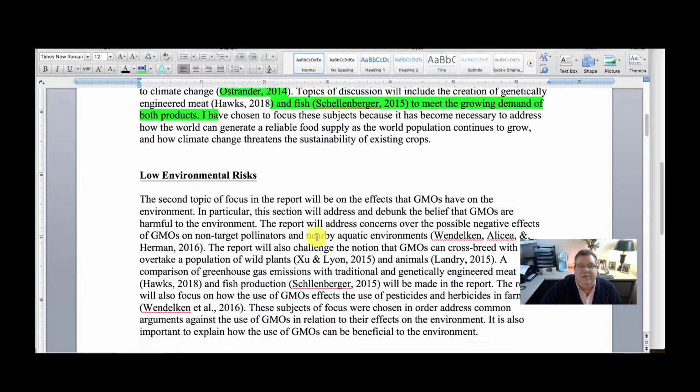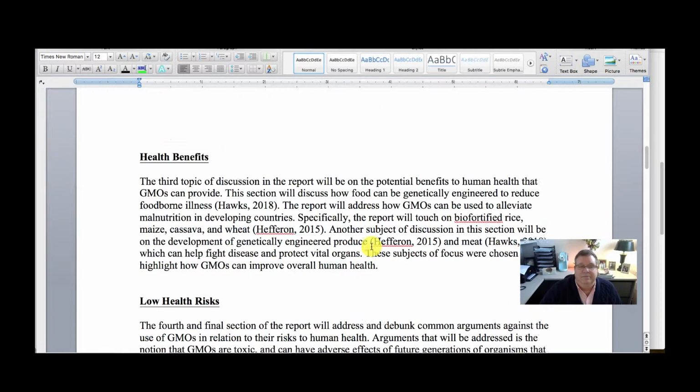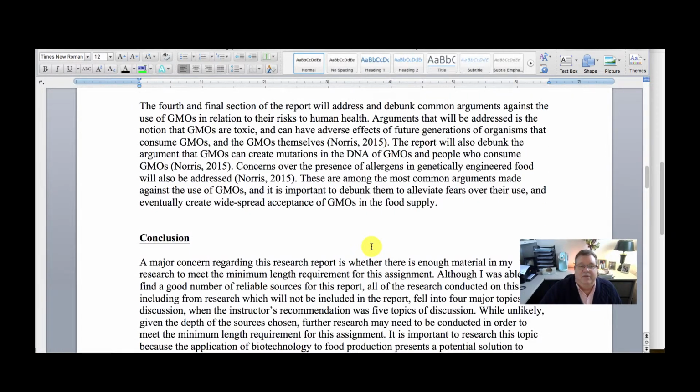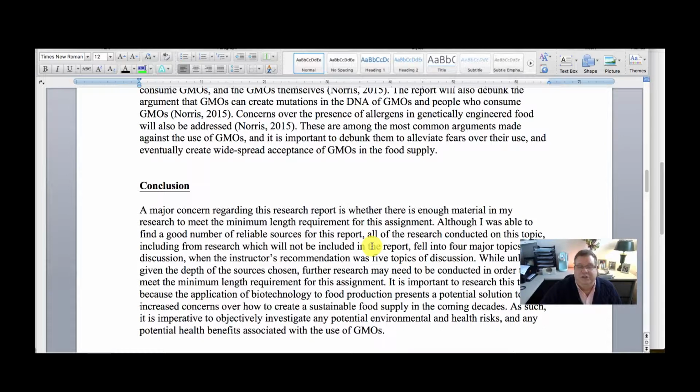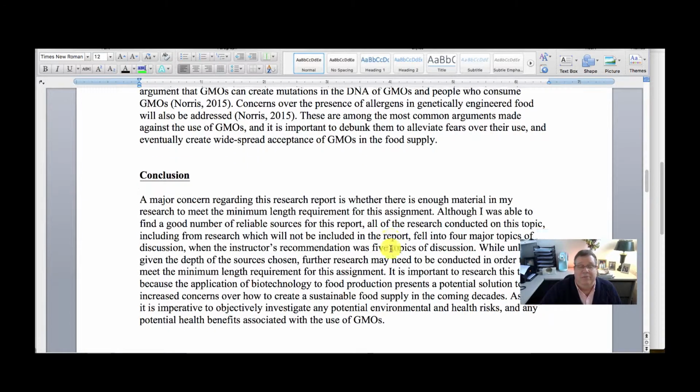Then our second topic, again, doing the same. Third topic, fourth topic, and then of course the conclusion. So use this as a model of how to structure and how to write about your actual topic.